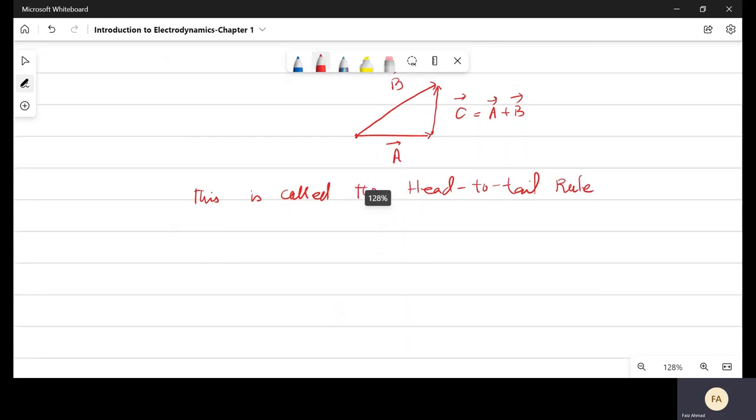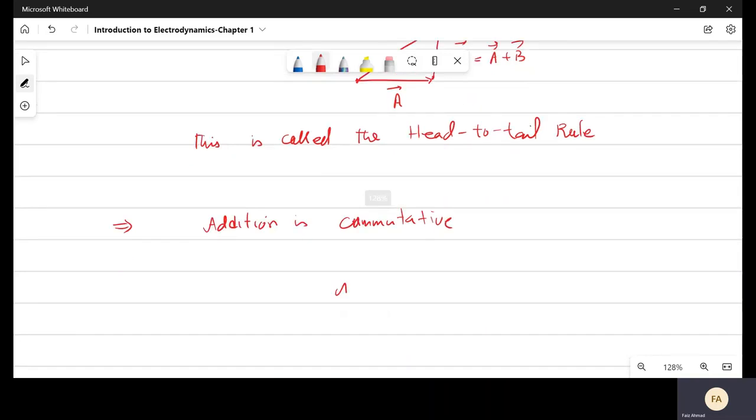And addition of the vector is commutative. So it doesn't matter if you add A plus B or B plus A, the result will be the same.